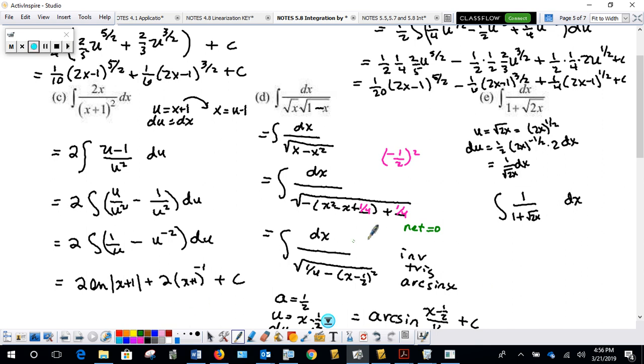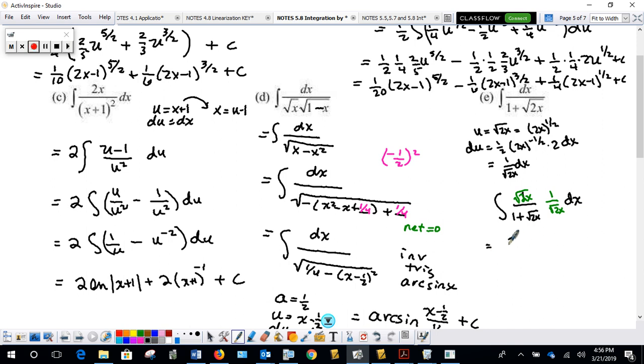Remember, you're only allowed to add in a form of 1. So if I add 1 over square root of 2x here, I can't just add it on the outside. I have to add a square root of 2x there, so that the net is I'm multiplying by 1. It's kind of like a double substitution, but you have to add an extra form of 1 in there.